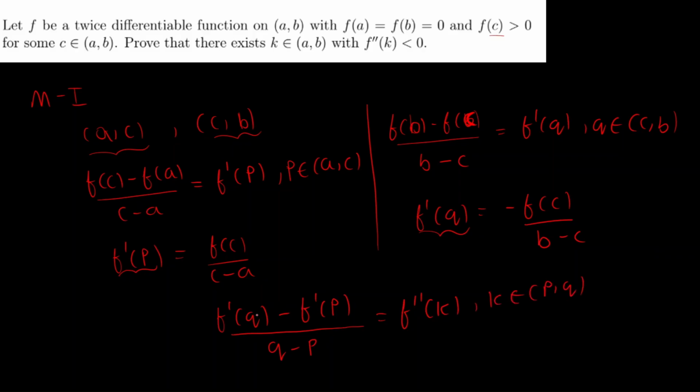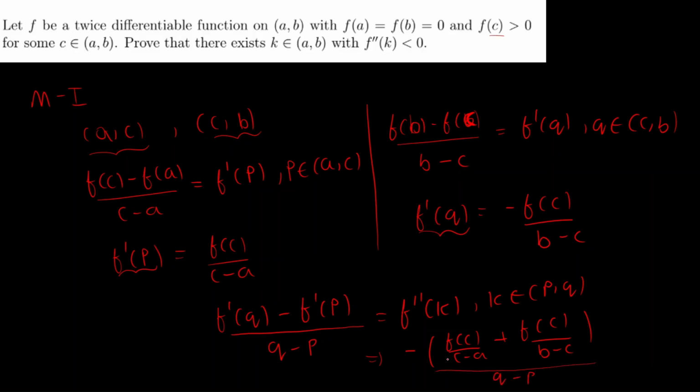Now if I substitute the values that I got before, I will get minus of f(c) by (c - a) plus f(c) by (b - c), divided by q minus p.